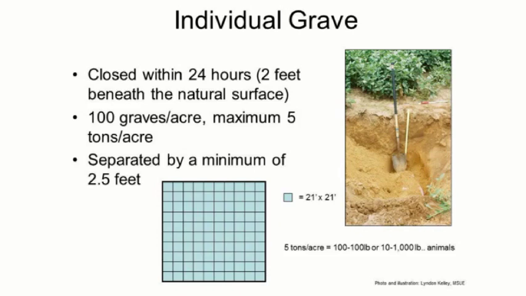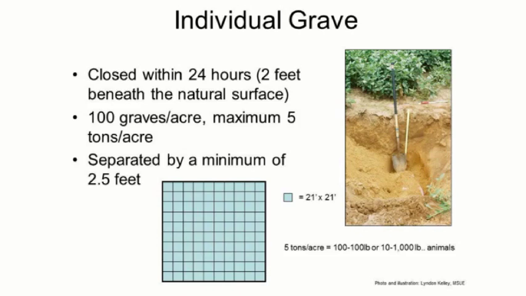Those have to be closed within 24 hours beneath 2 feet of soil. In Michigan, we're allowed to have 100 graves per acre, or a maximum of 5 tons per acre, whichever comes first. Those individual graves have to be separated by a minimum of 2.5 feet. So if you drew a grid over an area of land, you could see that those individual graves could be about 21 by 21 feet.